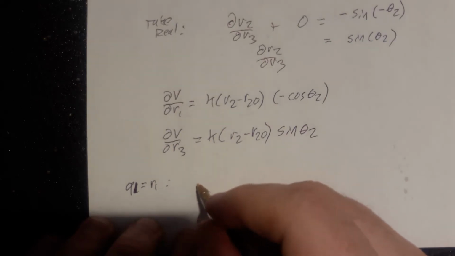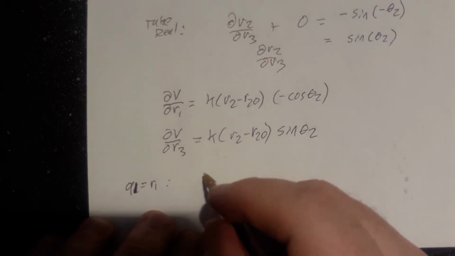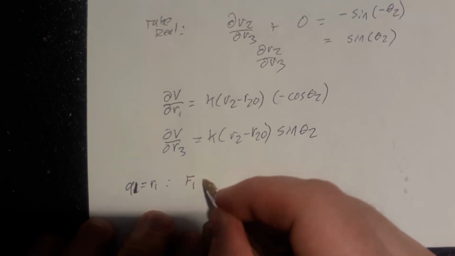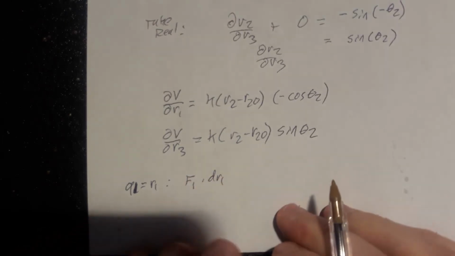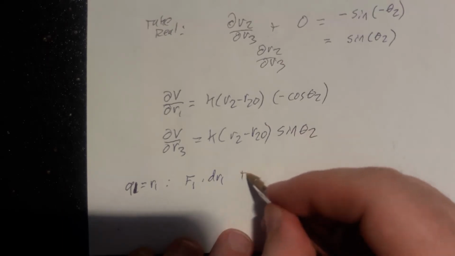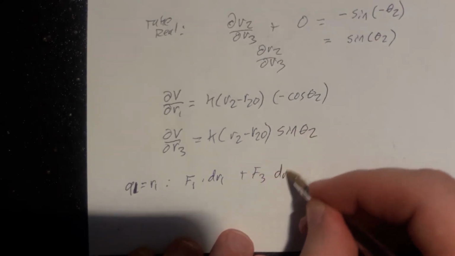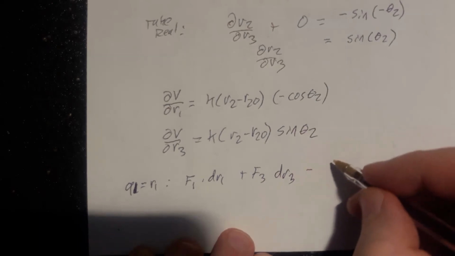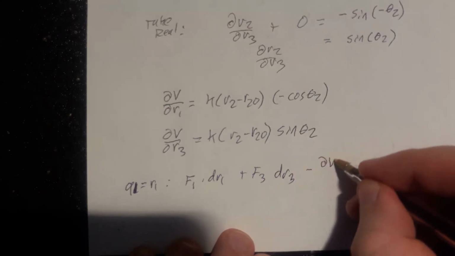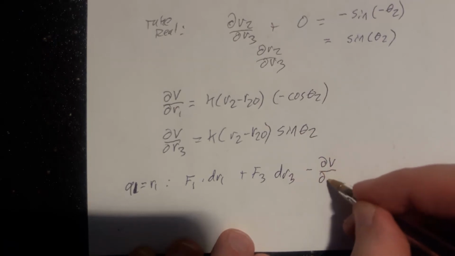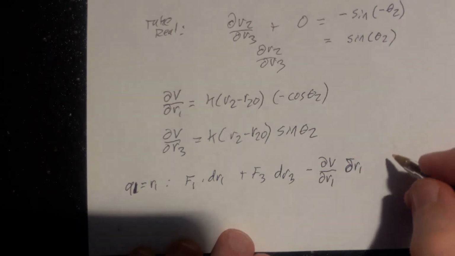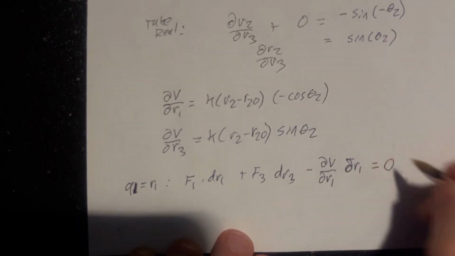We'll have an equation that says F1 dot dr1 plus F3 dr3 minus dV/dr1 dr1 equals 0.